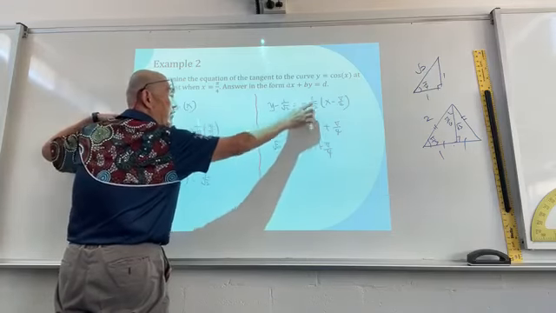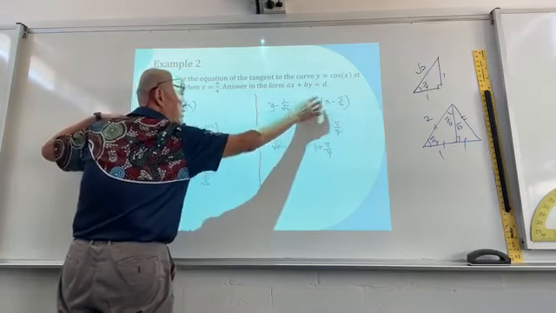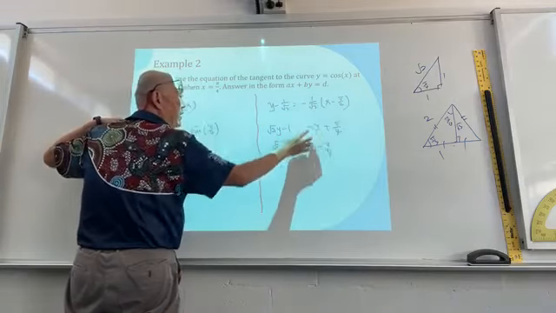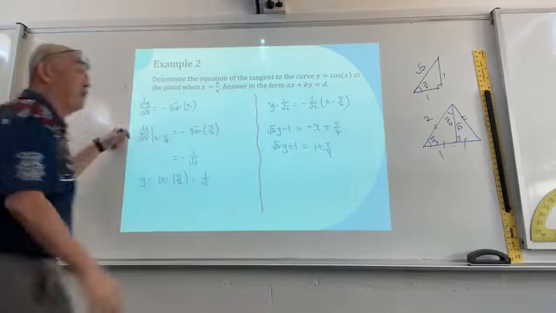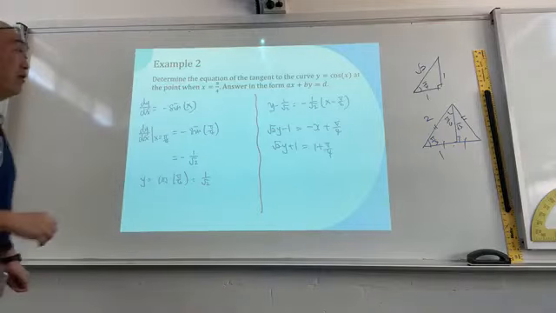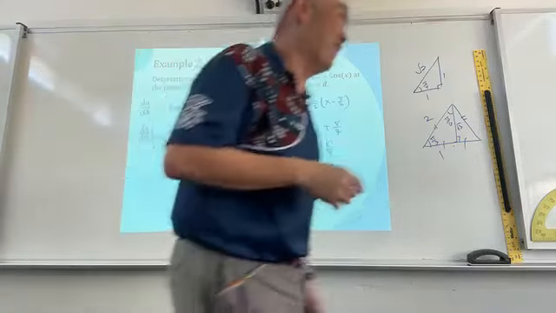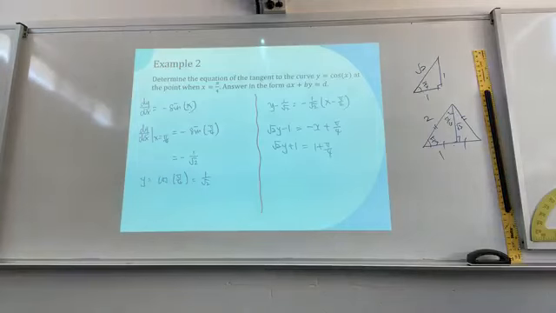Sorry, that has to be x. So that is in the form of ax plus by, and then the b is 1 plus pi over 4.